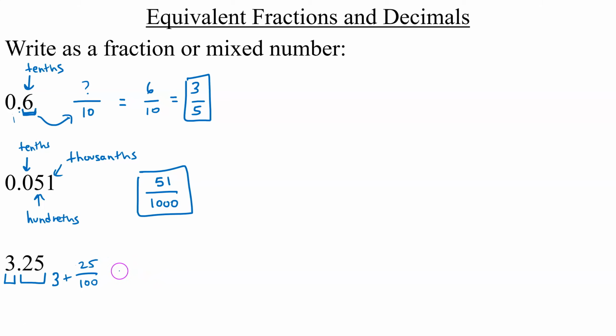Now 25 out of 100, we can reduce that to 1/4. When we're writing a mixed number, we don't write 3 plus 1/4. Just like when we're writing the number 8, we don't really write 6 plus 2. You could, it means 8. But when we're writing a mixed number, we just do this.